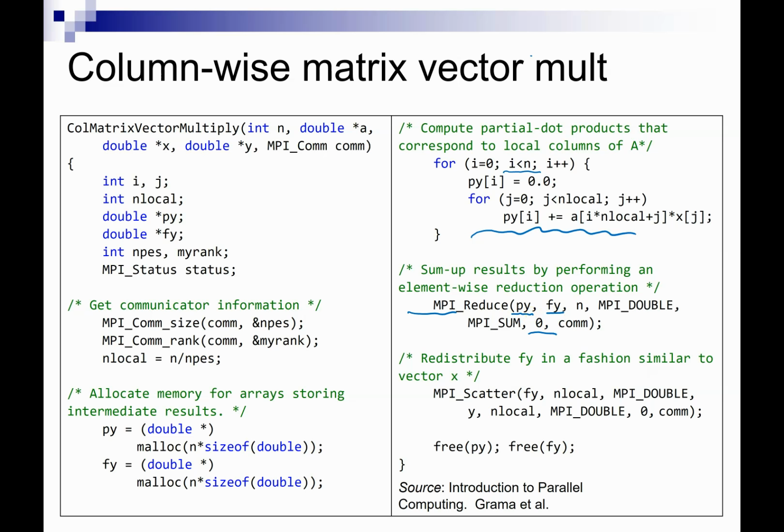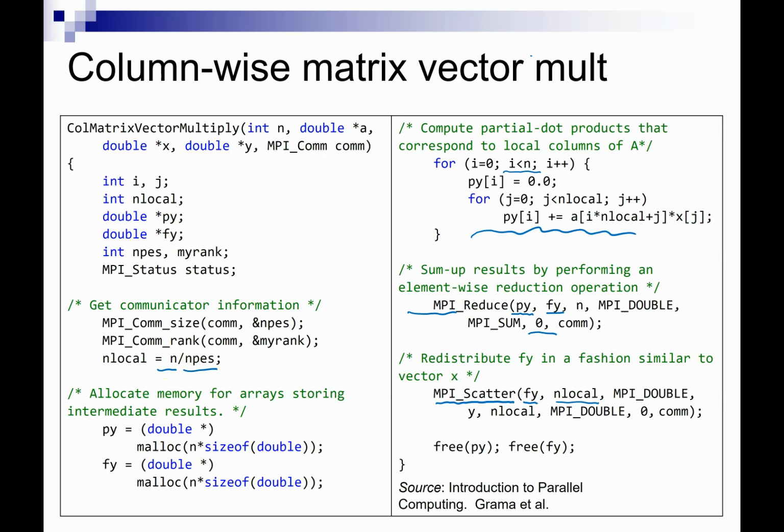And then the final thing to do is that now process 0 has all of the y values, and it wants to distribute different portions of these y values to different processes. So process 0 is going to do a scatter operation of these y values, and it's going to give n local values to each process. What is n local? N local is defined as the total number of values divided by the number of processes.